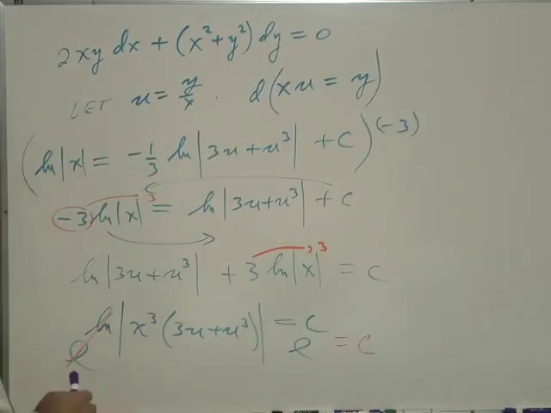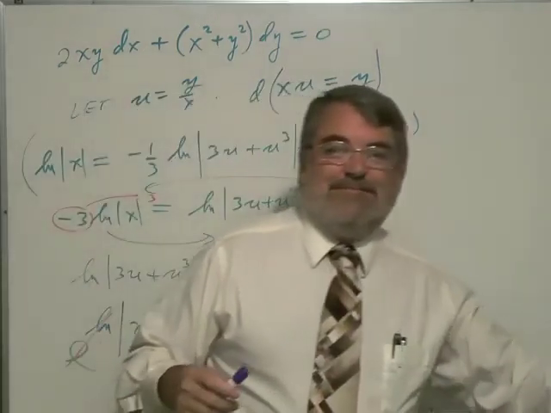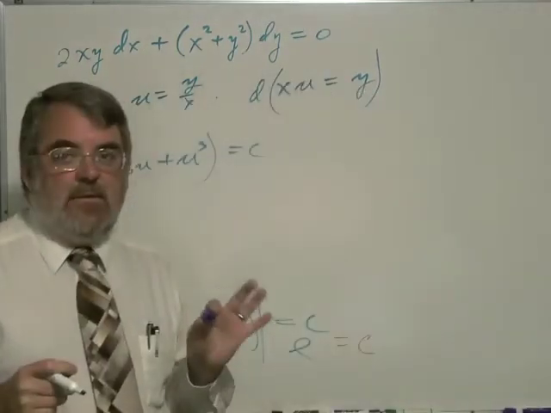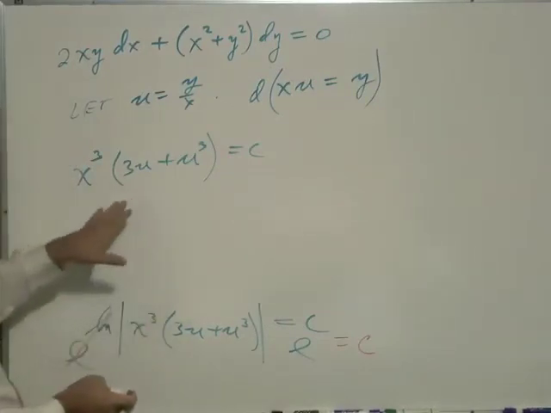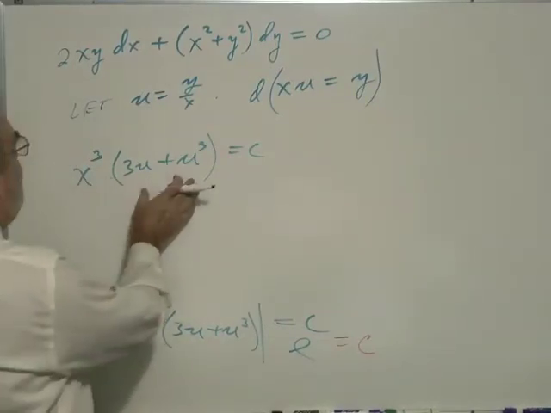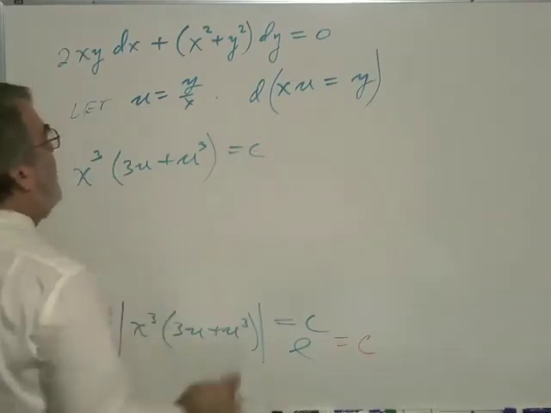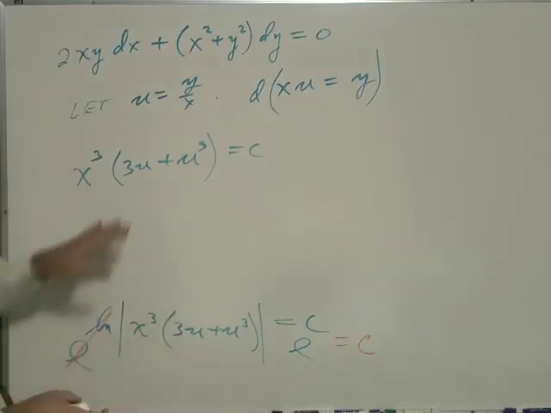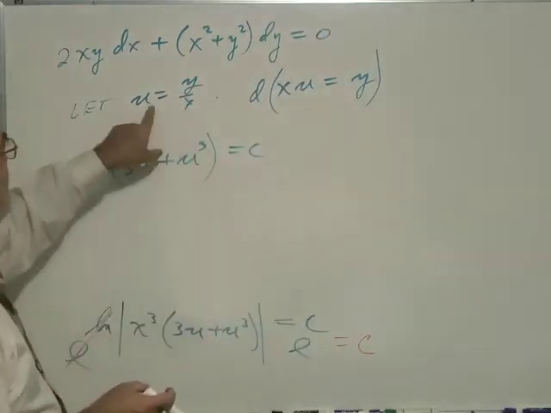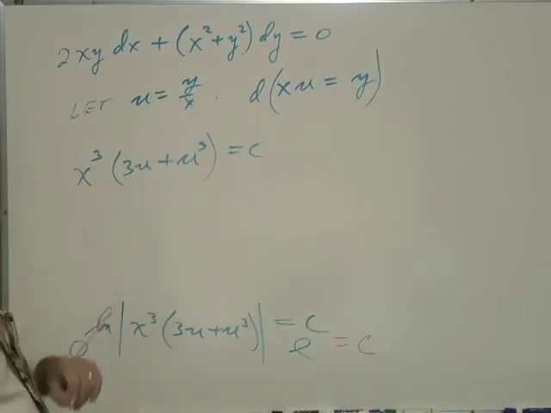Alright, so now we're about there, and I've got to do a little more erasing. So we're at this stage. I rewrote it up here, x cubed parentheses 3u plus u cubed equals c. And why I wasn't erasing this is because I want to go back and get my x's and y's.